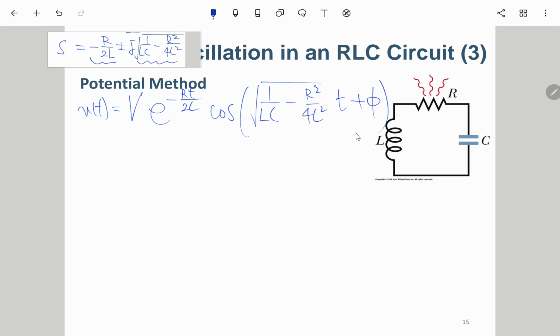If we don't write it with a phase, we can write it like A times cosine of omega prime t, plus B times sine of this stuff. But for simplicity, we make A times cosine plus B times sine into a single cosine with a phase.